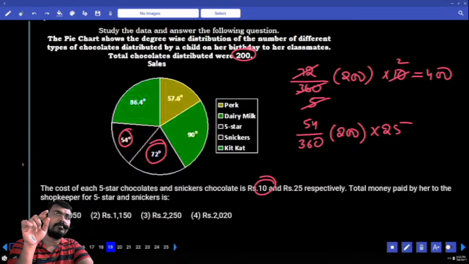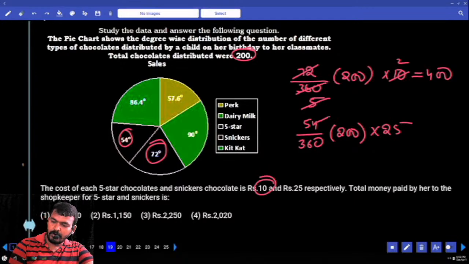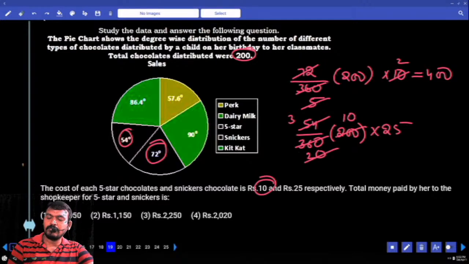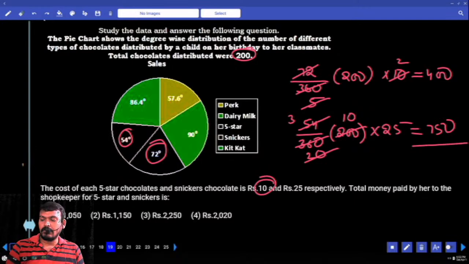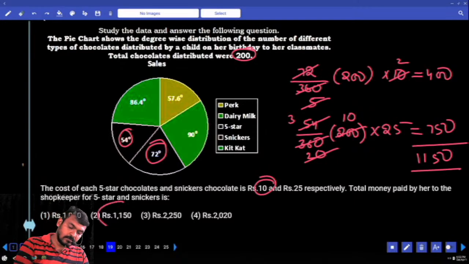Then we get the number of chocolates multiplied by 25, the total cost of Snickers. 54, 18 3 times, 20 times 10, 250 into 3, 750. But we require total cost. What is the total cost? 1150. Which option? Second option.